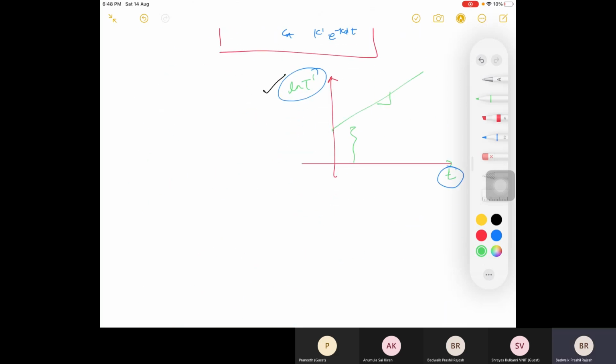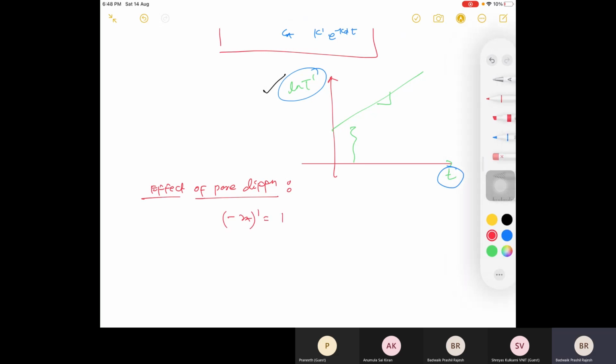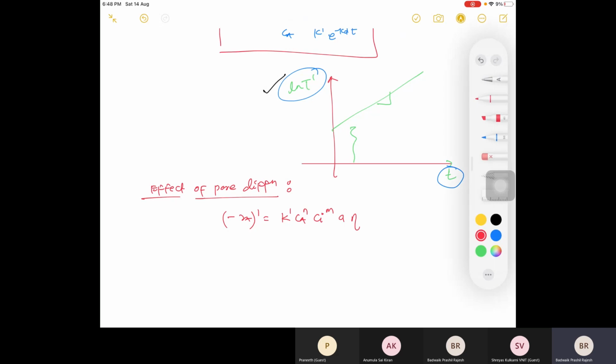Then we'll see the effect of pore diffusion. So you write effect of pore diffusion on deactivation. You know minus Ra dash is equal to k dash Ca to the power n Ci to the power n. Then there was activity. What remains is the efficiency or effectiveness factor.